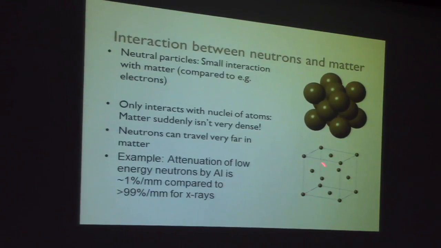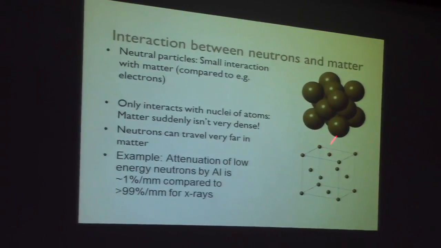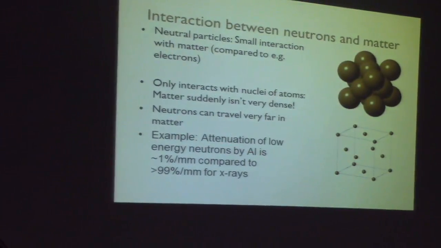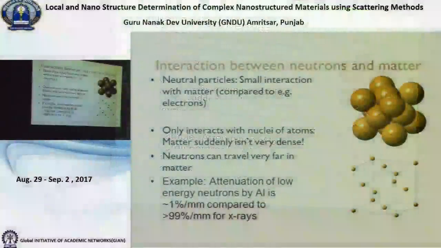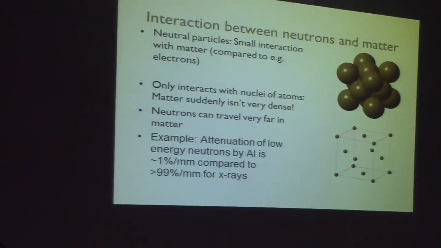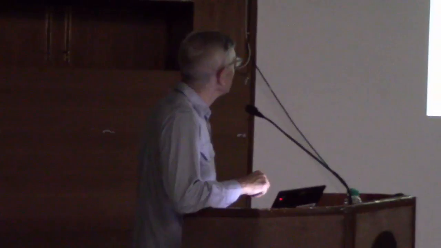And the nuclei are so tiny, they're 10 to the minus 15 nanometers across. It means that to a neutron, a solid material essentially looks like empty space with a few tiny, tiny dots in it. So nearly all of the neutrons will fly through without hitting anything. But occasionally, they'll come close enough to a nucleus that they'll be able to interact through the nuclear forces that are very short-ranged, and that's when they scatter.